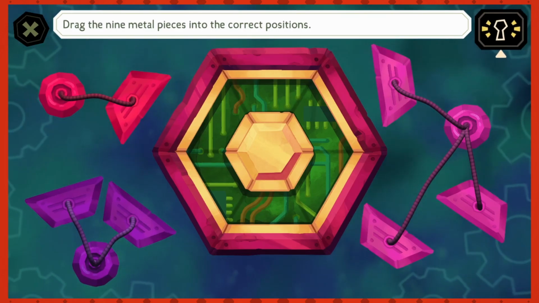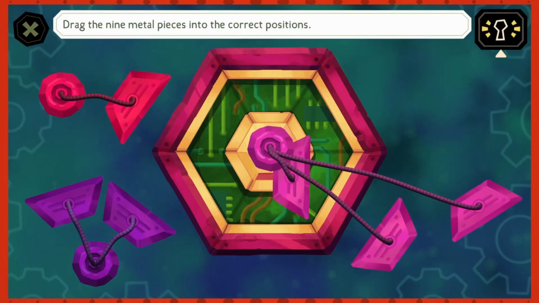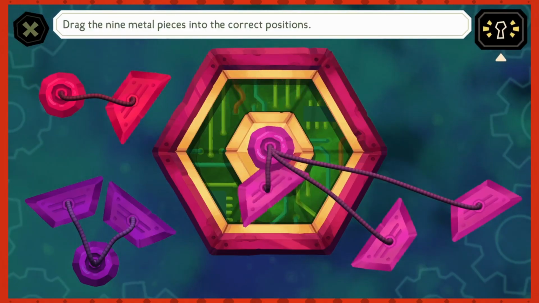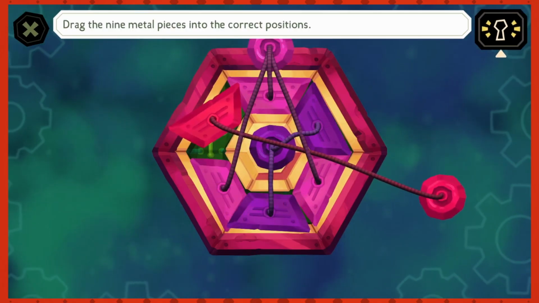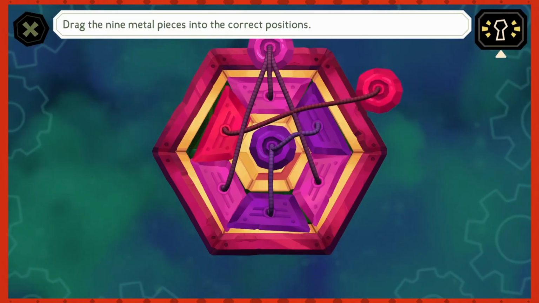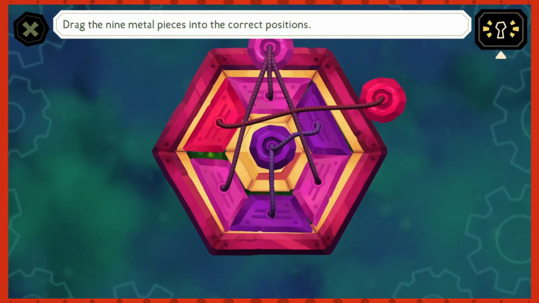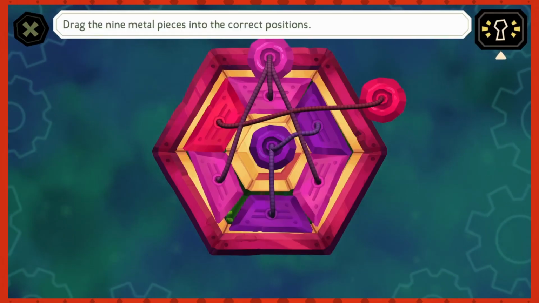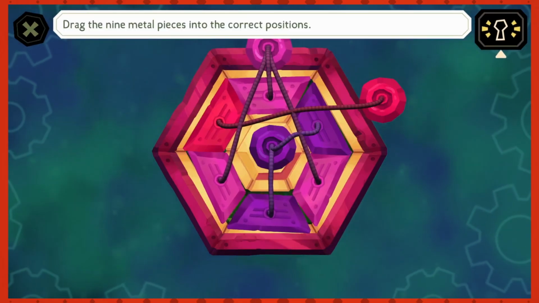9 middle pieces into the correct positions. So are we... And then... something like that? Or am I completely off base here?